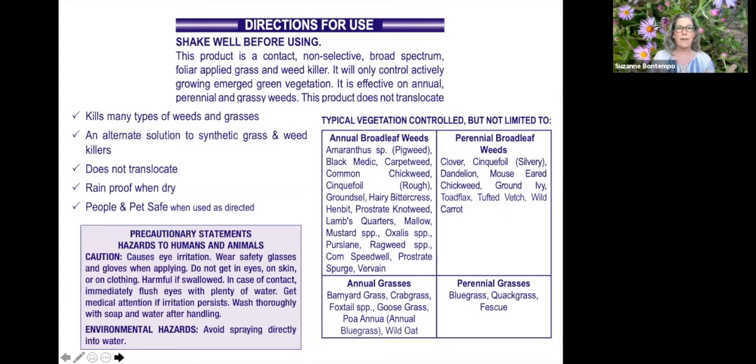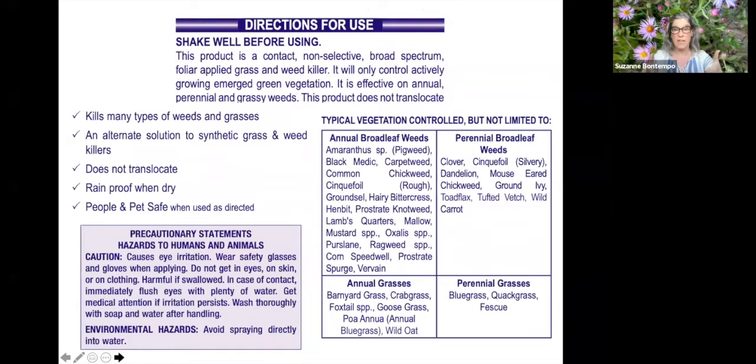So already out the gate, I could see how to use this product. It's going to be a contact, non-select, broad spectrum, foliar applied grass and weed killer. So that means it has to contact the tissue, the green vegetation, by a spray. That it's a non-select means it's going to kill anything it comes in contact with.